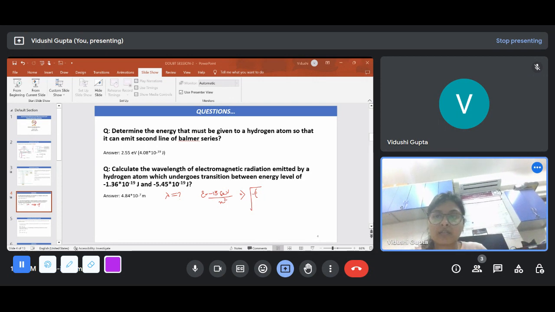So velocity we have to calculate, it will equal to h by 4 pi into delta x into m. So now substitute the values.